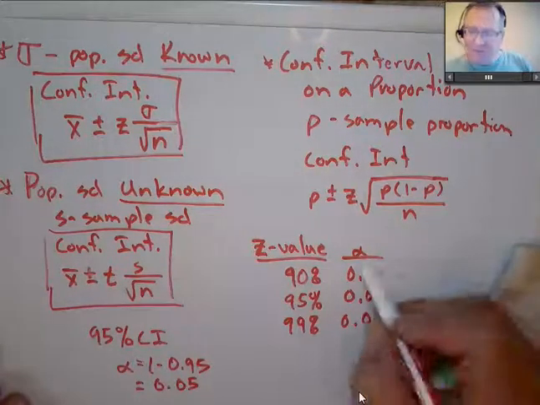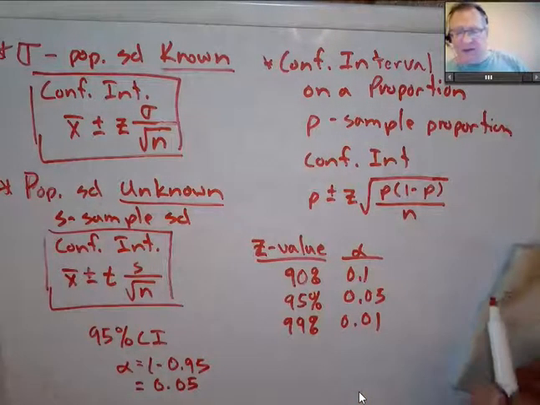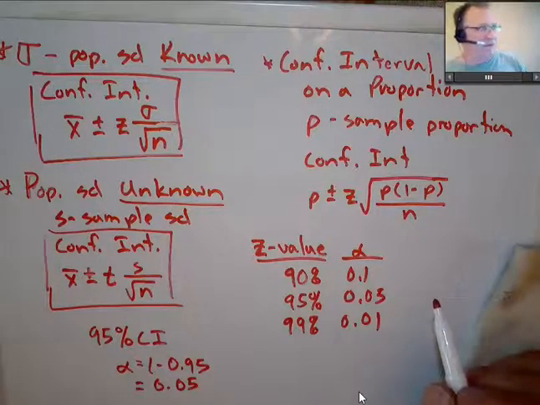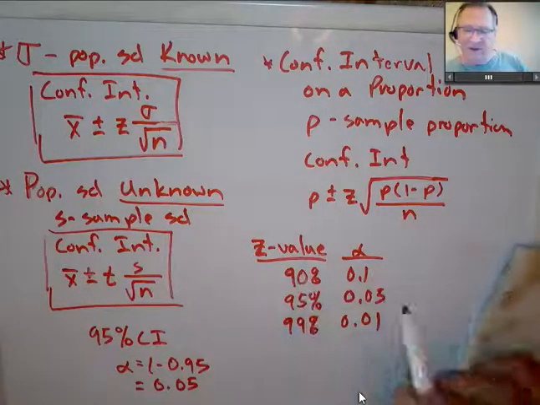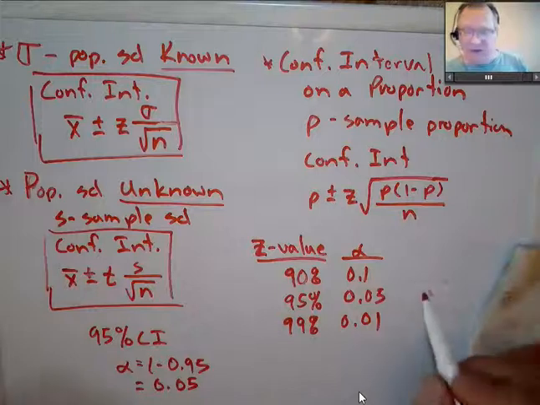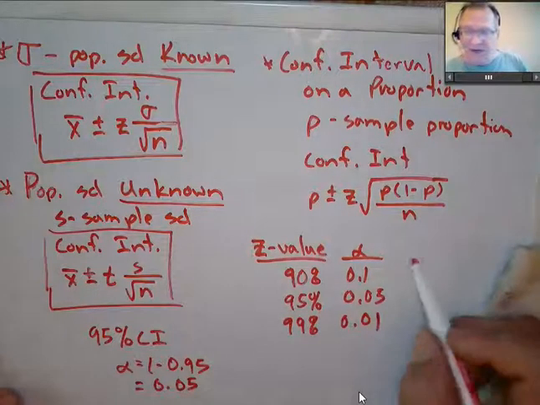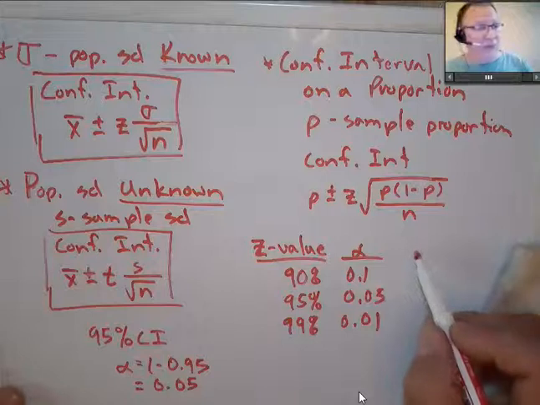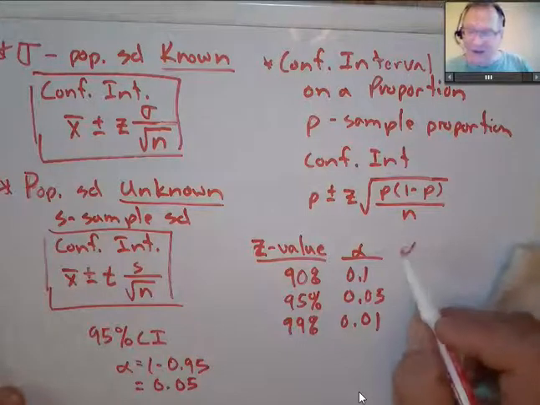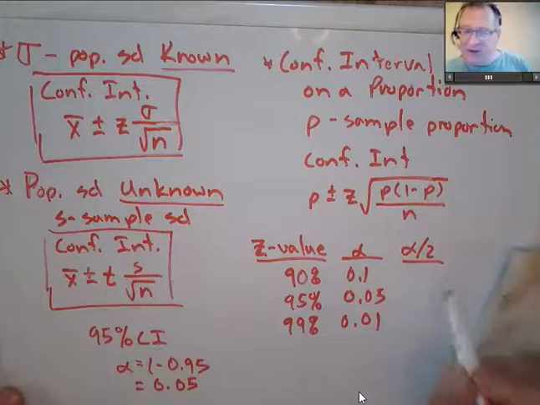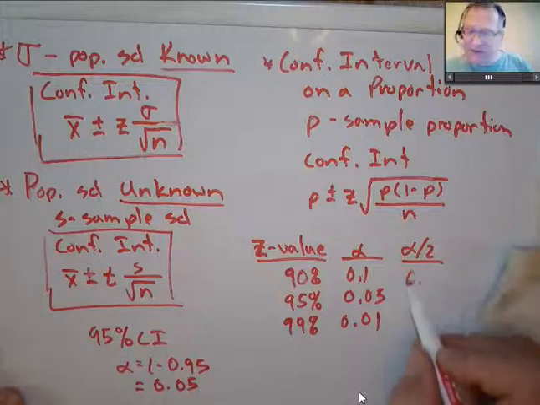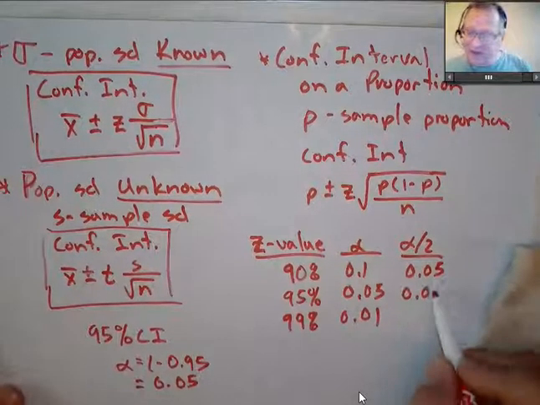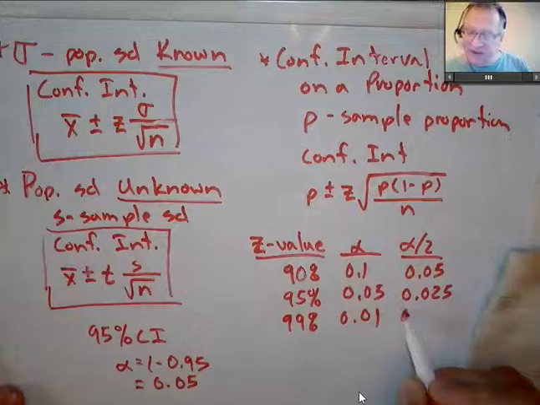Now, because the z distribution is a two-tailed distribution, we need to take 1/2 of these values of alpha when we look things up. And so we often talk about the alpha over 2 value. And so then we're going to get slightly different values, just taking 1/2 of each of these.